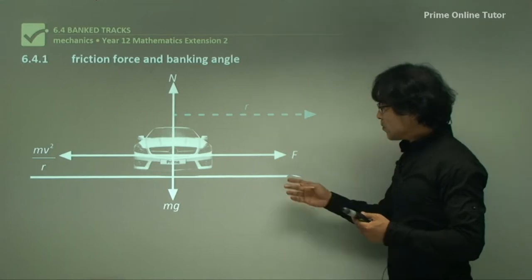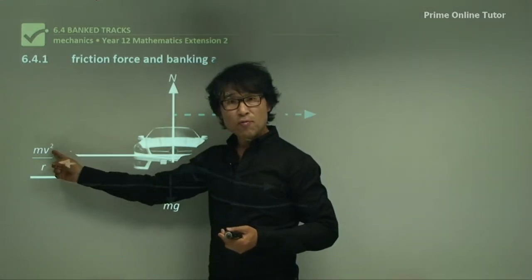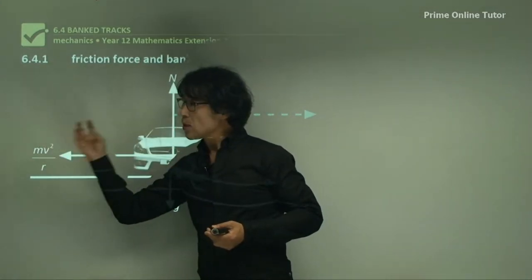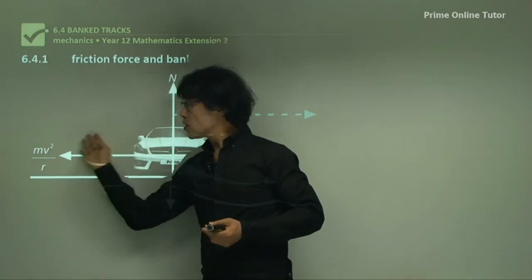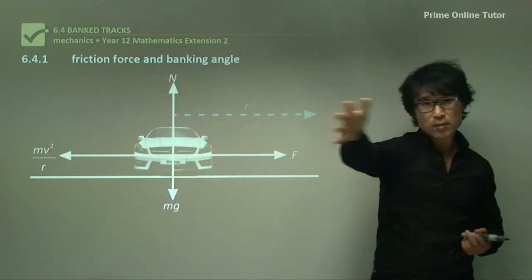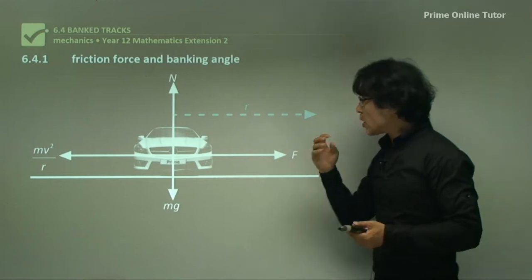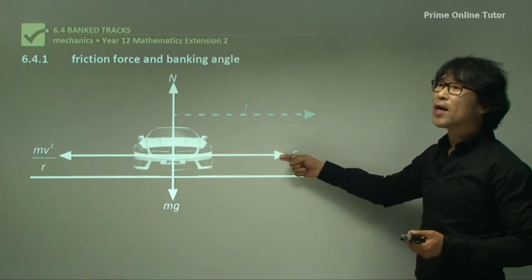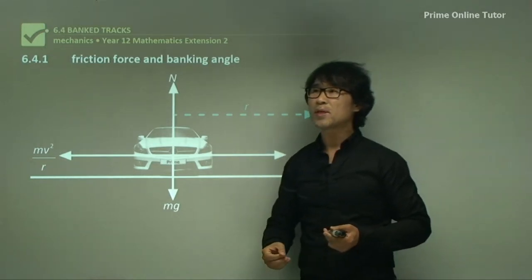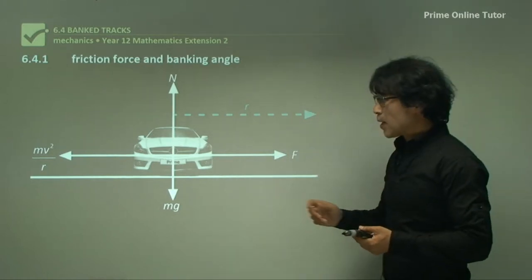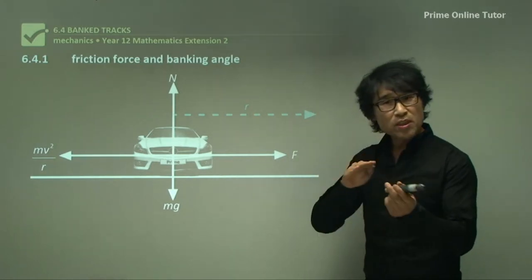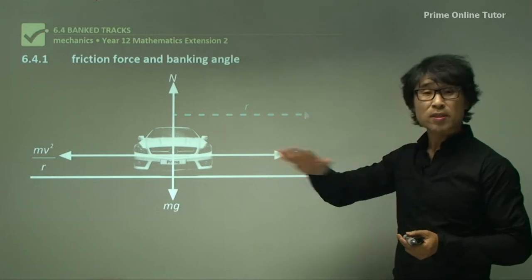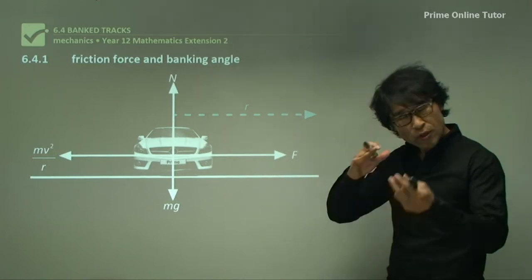Now we have the angular force in a uniform circular motion trying to get out. It's moving like this, and there's also a friction force applying. Remember the surface of the road is not 100% smooth. It's like a crack.